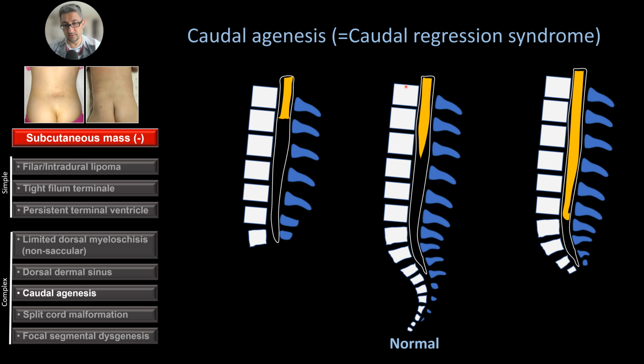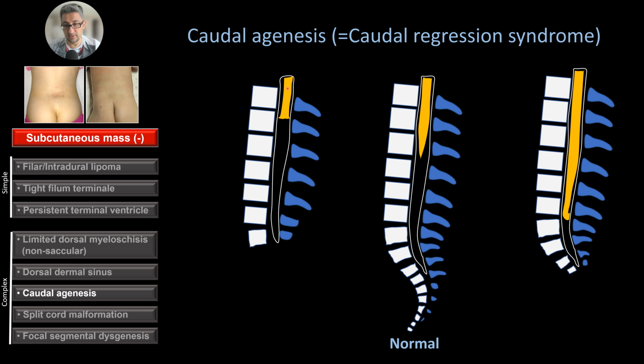And basically, there are two forms. One is more severe, one is milder form, and this is the normal for comparison. And sacrum, you can see a few of the sacrum in the severe form, and there is usually the sacrum mostly formed in the milder form.